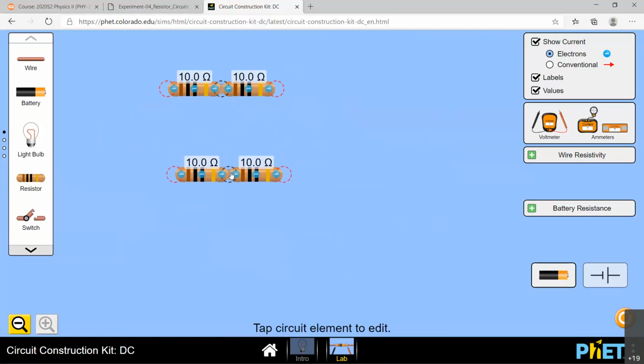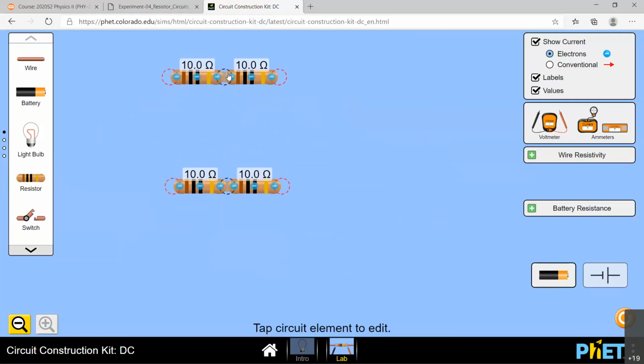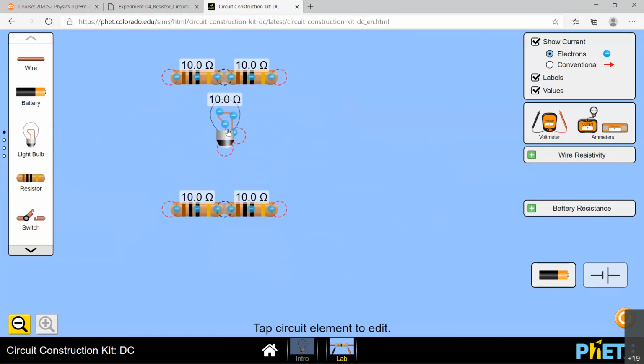Okay, and then in between these 4 resistances, let's put a light bulb right here, because what we are interested to see between the resistances is 0 voltage. So if there is 0 voltage, there should not be any current passing through, then I should not see any lighting up on the bulb. That's why.